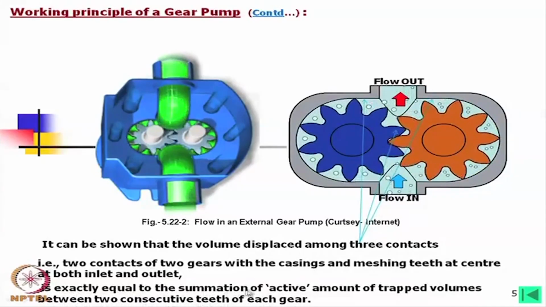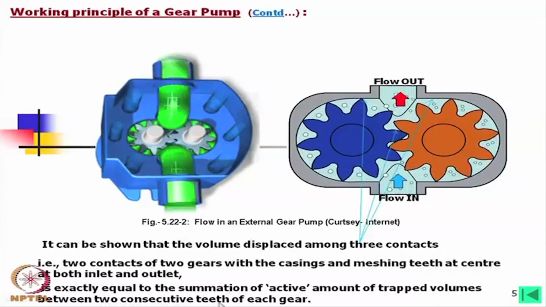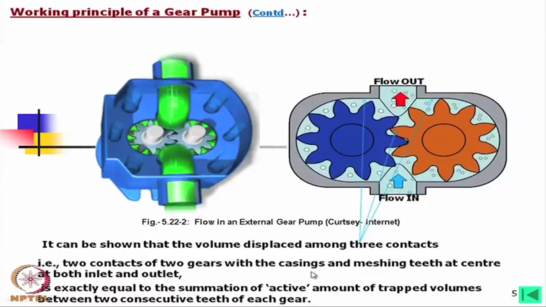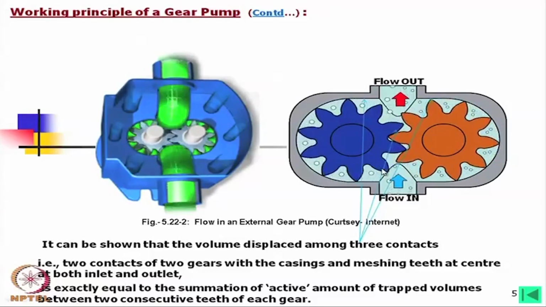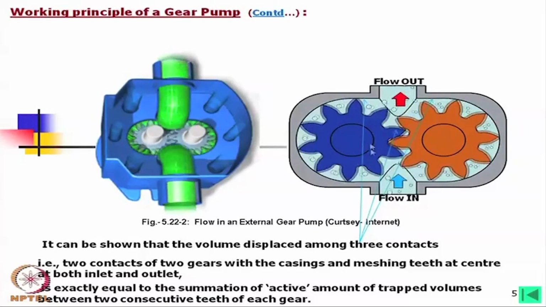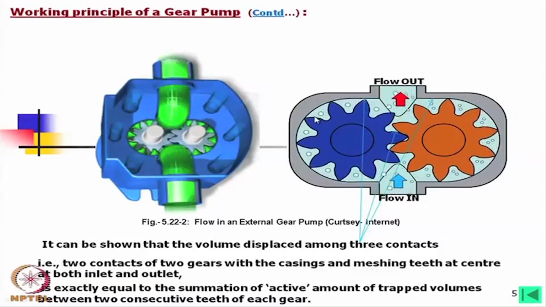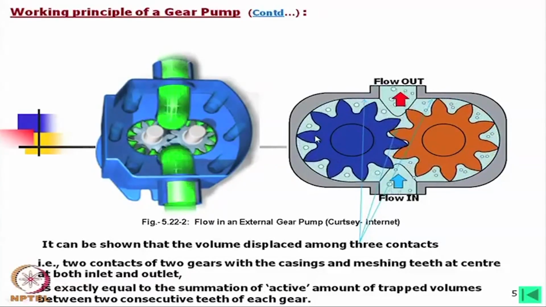It is exactly equal to the summation of the active amount of trapped volumes between two consecutive teeth of each of the gears. This means that the total expansion or compression volume will be exactly equal to these two pocket volumes. But here is one confusing statement.